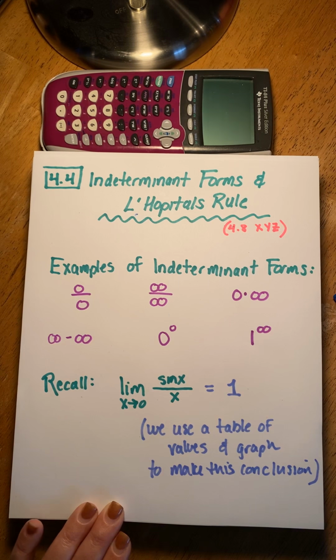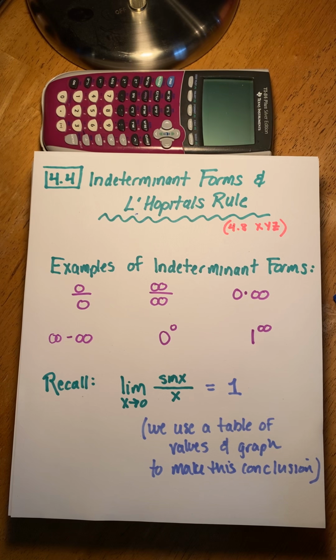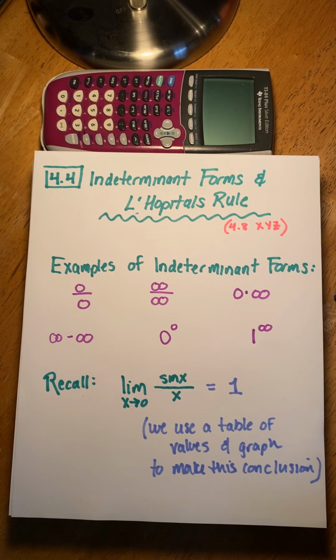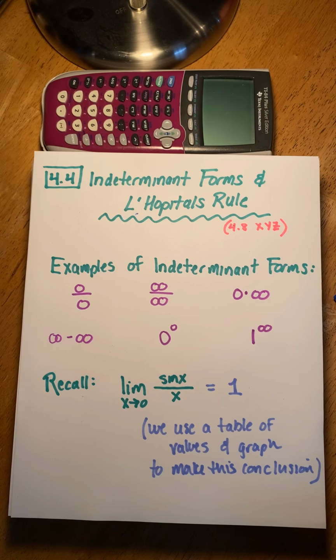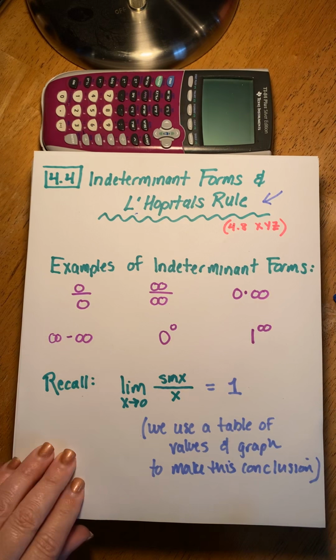Okay, graphs aren't always clear, and table of values don't always give us exact numbers. So we're looking for a more calculus approach to finding these limits. So that's the title of today's section, L'Hopital's rule.